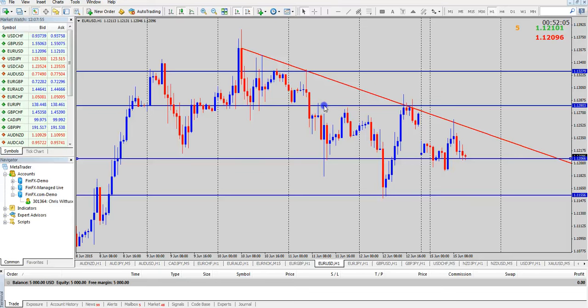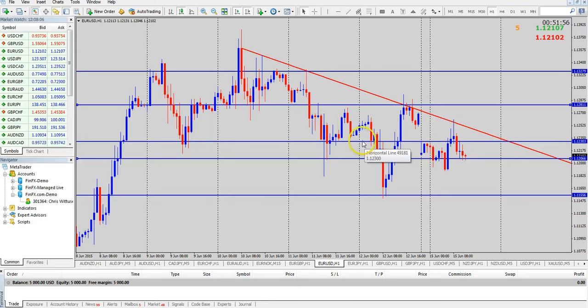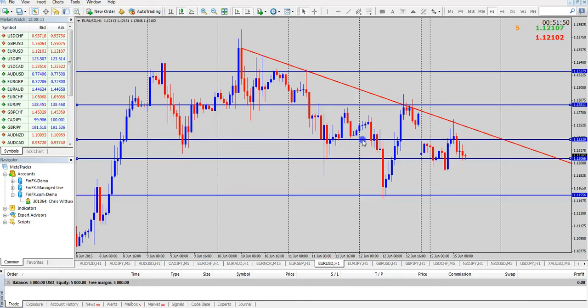I think these are pretty good right now. If I want to add any more, usually when you get down on a lower time frame, you start seeing more support and resistance. And there's one right around here. This one is a little bit iffy, but the price came down, bounced off, broke through, came down, bounced off.